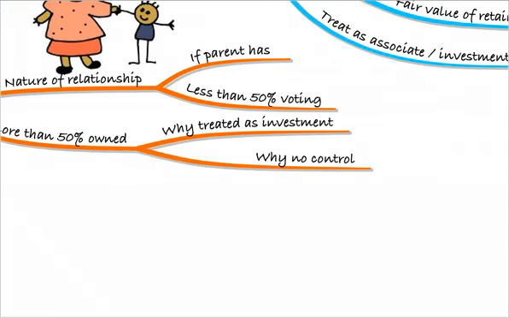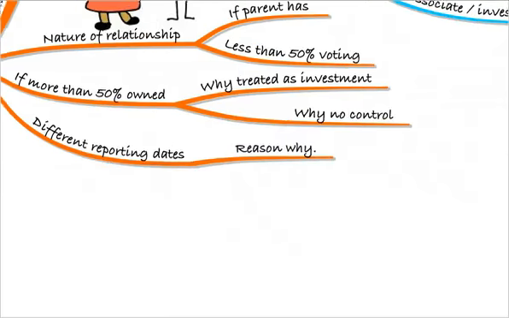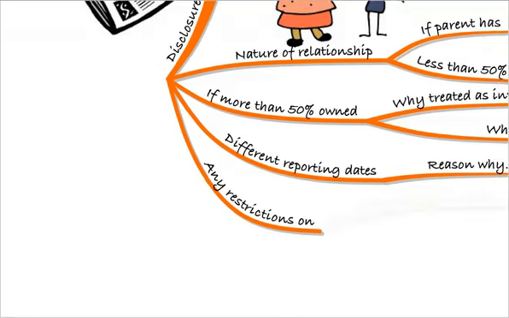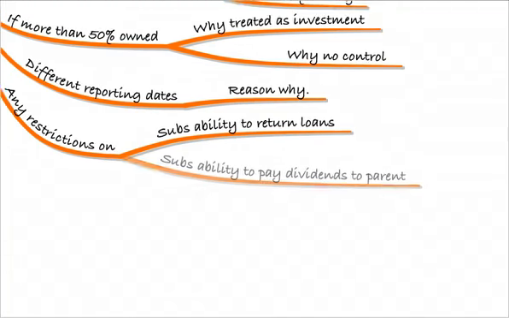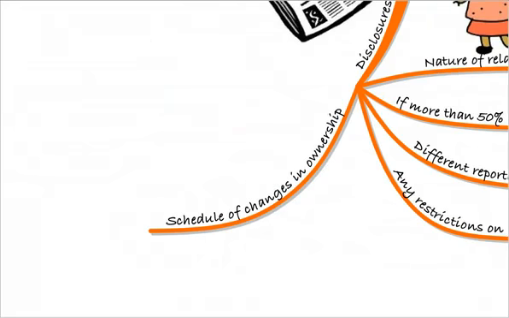So why has there not been any control? If they have different reporting dates, you need to say why. If there are any restrictions on the subsidiary's ability to return loans to the parent, that has to be disclosed. Or if the subsidiary has a lack of ability to pay dividends to the parent, that again needs to be disclosed as well.